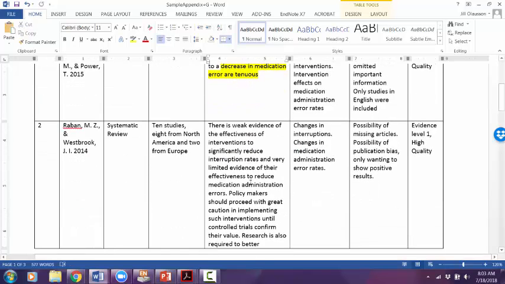The second level 1 said there's weak evidence for the effectiveness of the interventions to reduce interruption rates, and limited evidence for the effectiveness to reduce medication errors. So limited evidence, weak evidence. Policymakers should proceed with great caution.